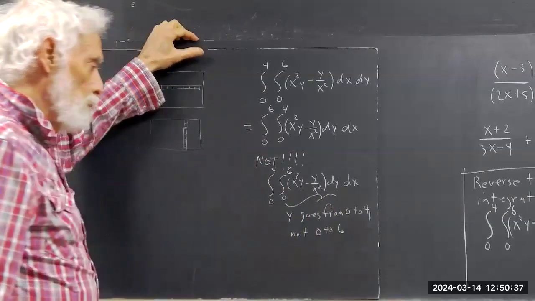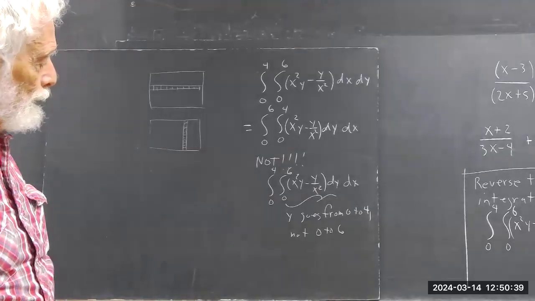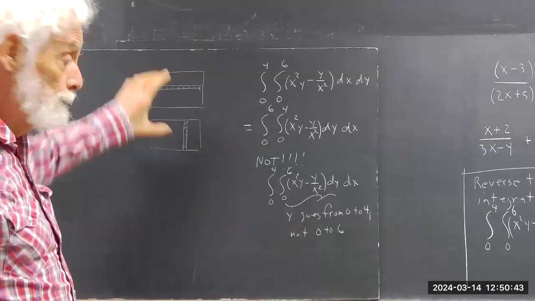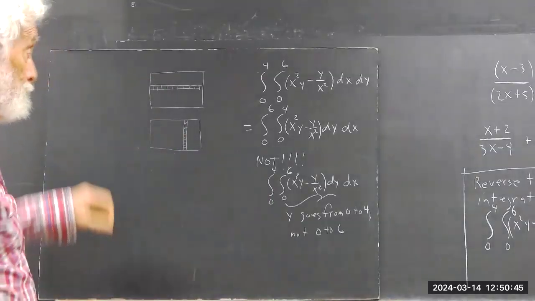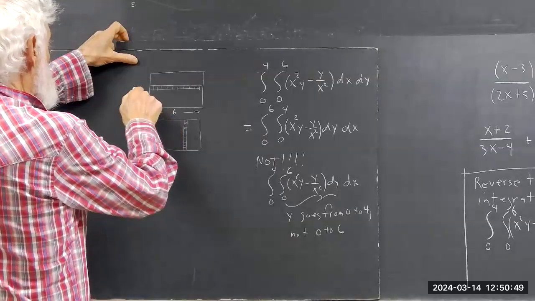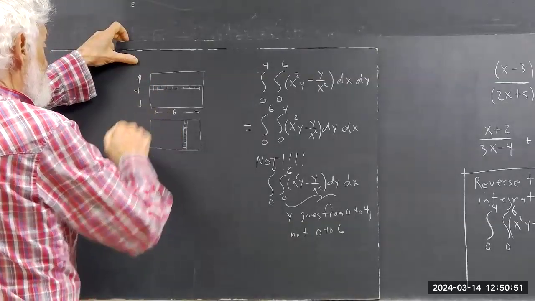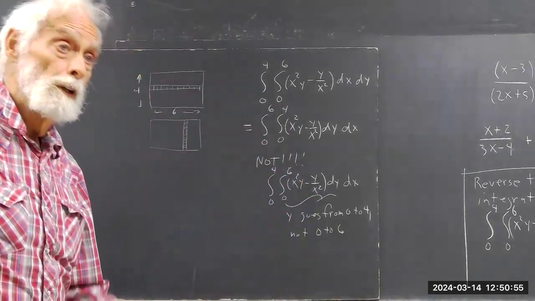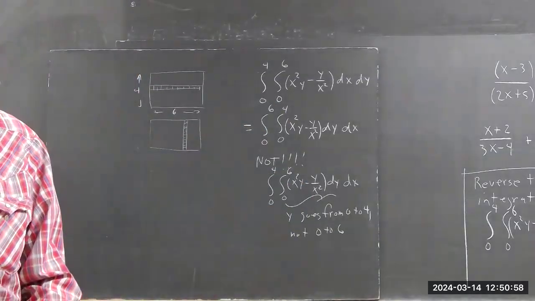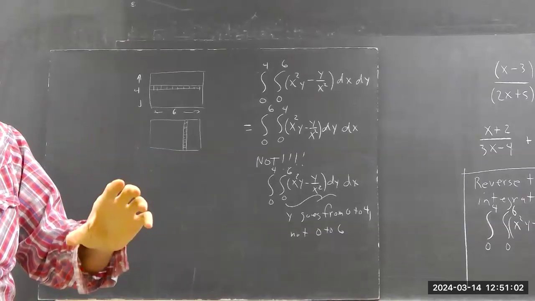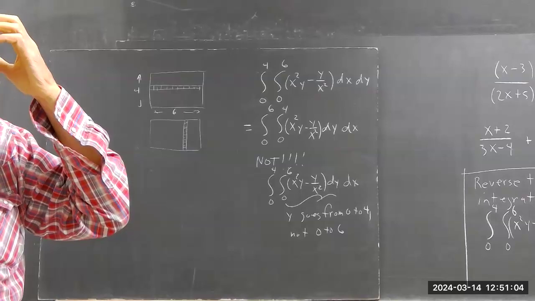Y goes from 0 to 4, not 0 to 6. And I'm not going to write it down, but x goes from 0 to 6, not 0 to 4. There's your region. So your region is 6 by 4. Reversing the order of integration doesn't change the region over which you're integrating. Okay? So that's really pretty important. Make sure we've got that idea down.